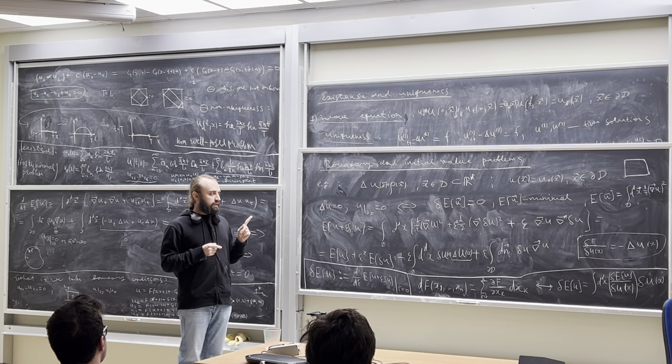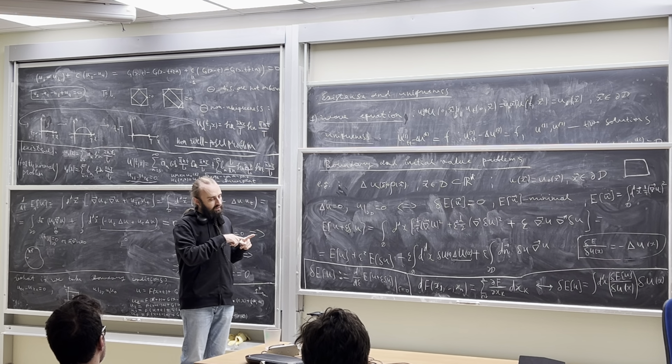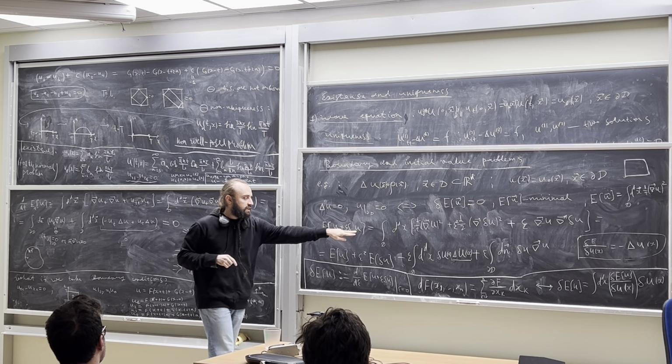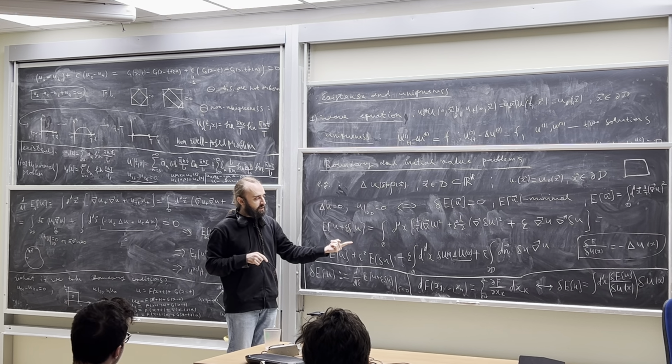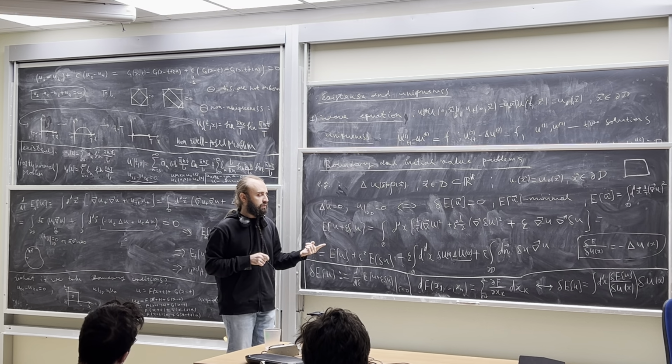So the first order change should be zero, because if it is a minimum, then it should be a minimum in all possible directions. We choose the direction by choosing some delta u, multiplied by epsilon. The first order term in epsilon should be zero, and the second order term in epsilon should be positive.